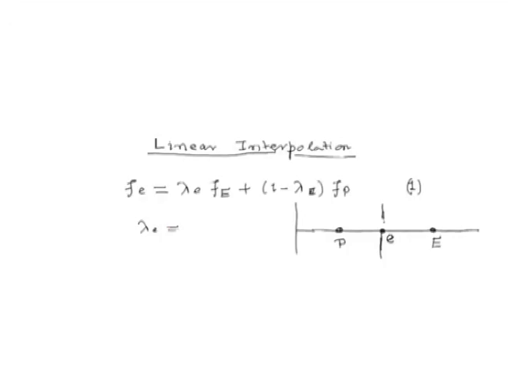Just for recapitulation, let us note it down. This was given by x at small e minus x P divided by x capital E minus x capital P.